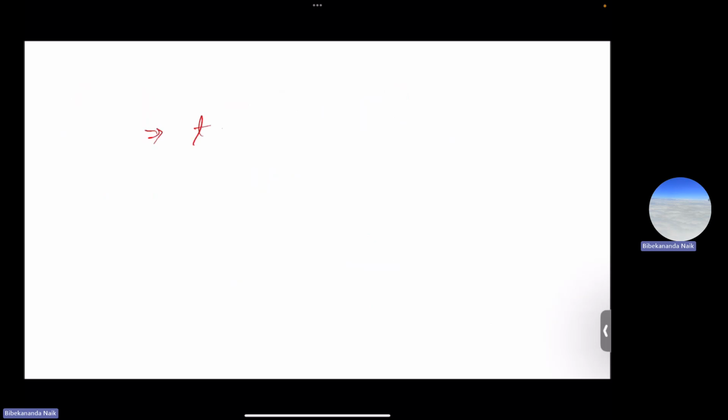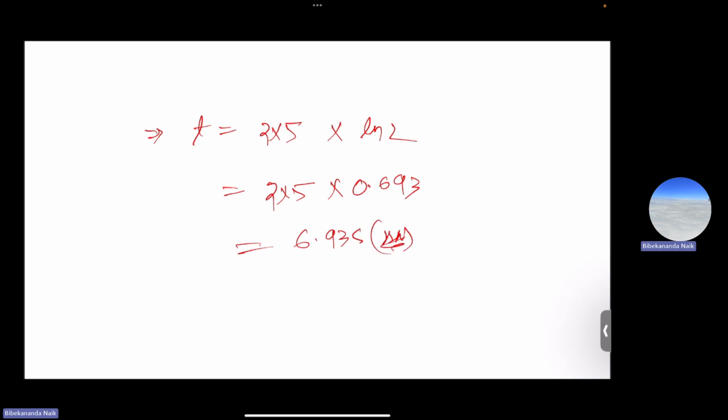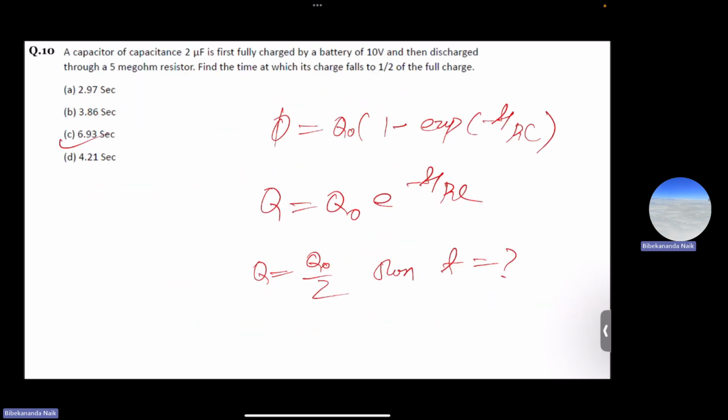That implies t equals 2 into 5 into ln 2, which is 2 into 5 into 0.693, it is 6.93 second. So the correct answer is 6.93 second, which is option C.